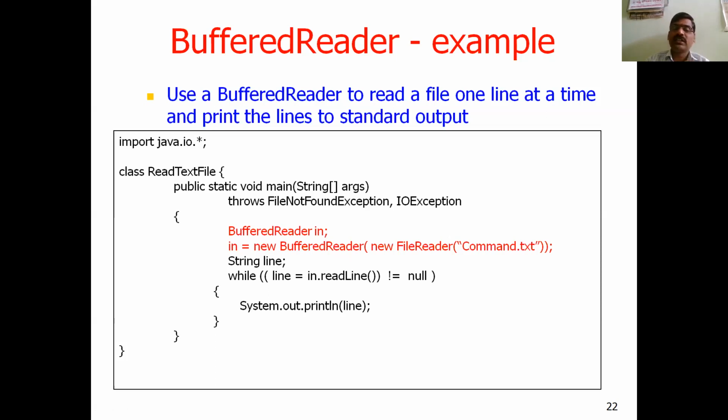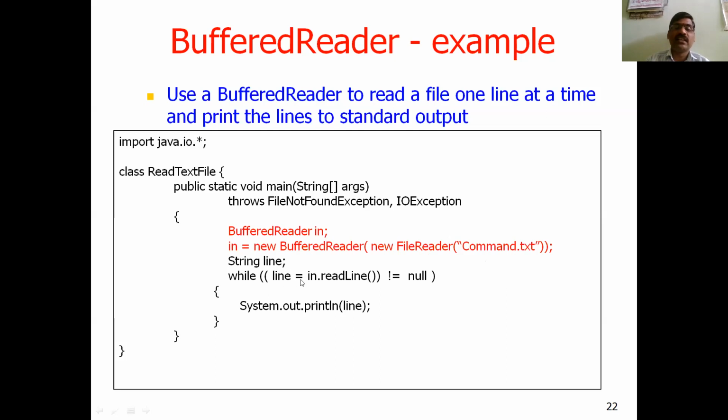I don't want that, so you cannot directly instantiate an object for BufferedReader. You have to pipeline this FileReader to a BufferedReader so that you can read the data from the file line by line. So we have to join two readers.